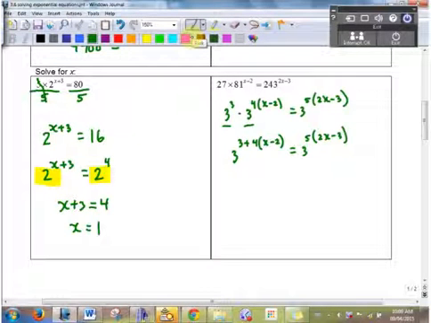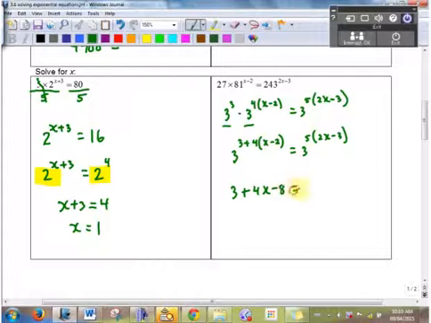In order for the left side to equal the right side, I got the same base. That means these exponents must be equal. There's no other way this thing's going to work. So that, now I'll expand it. 4x minus 8 is equal to this. 10x minus 15.